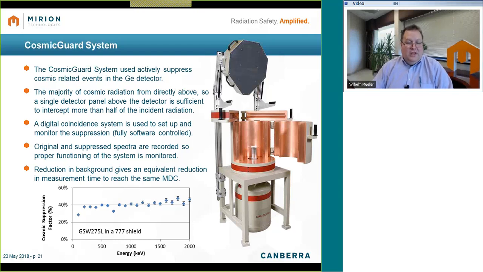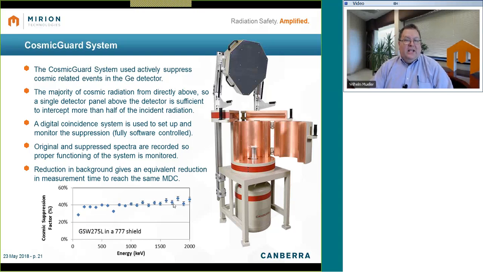So I show an example here of a GSW 275 and a 777 shield where we have a measured background reduction of 40% over the standard background.